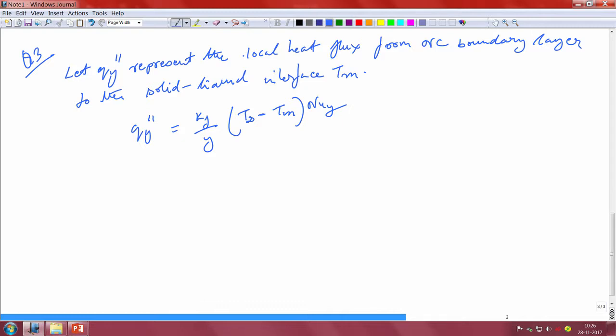Here y is measured in the downward direction.